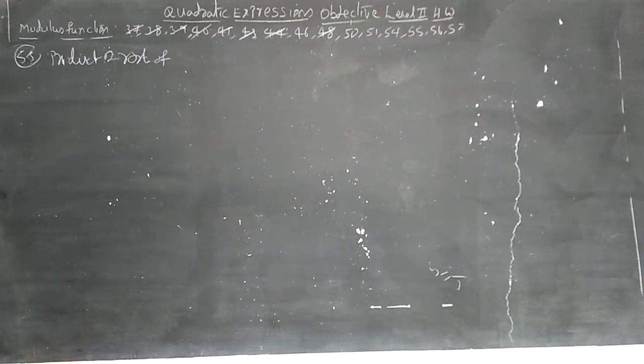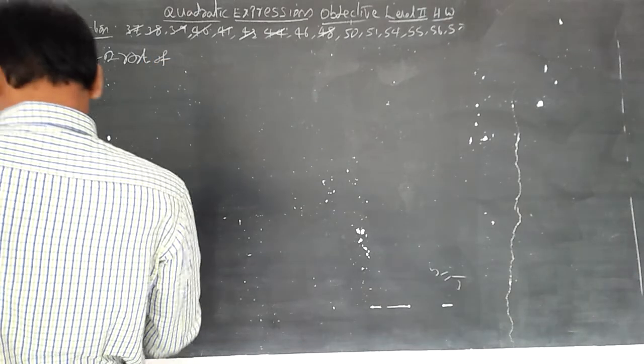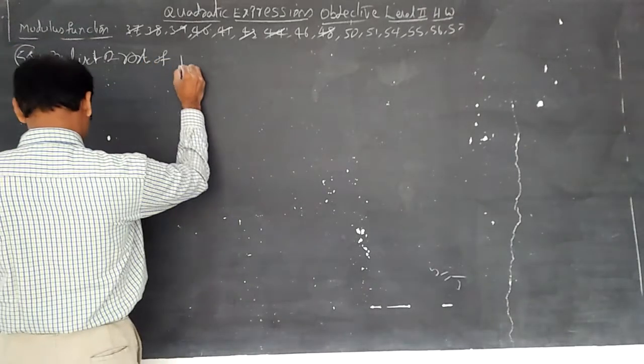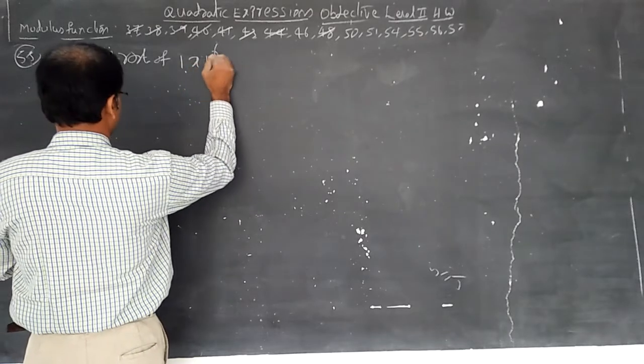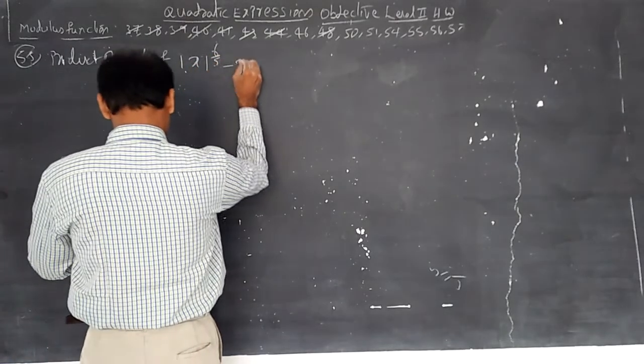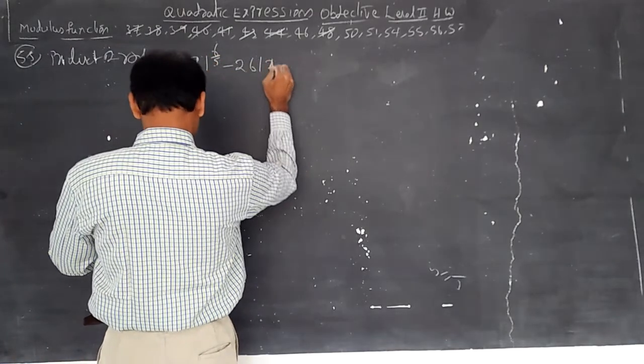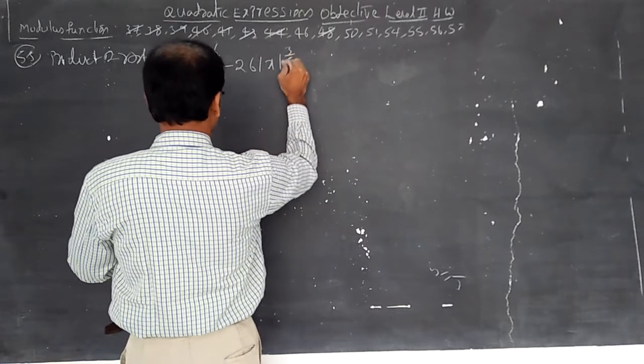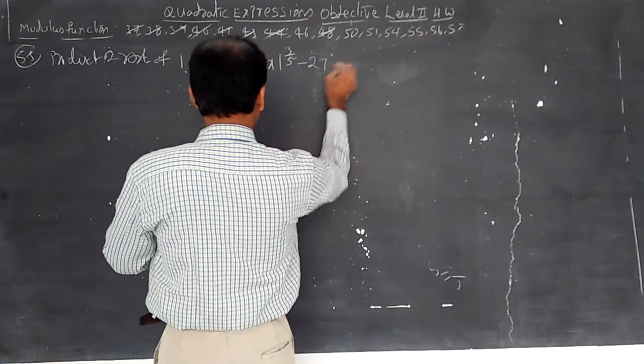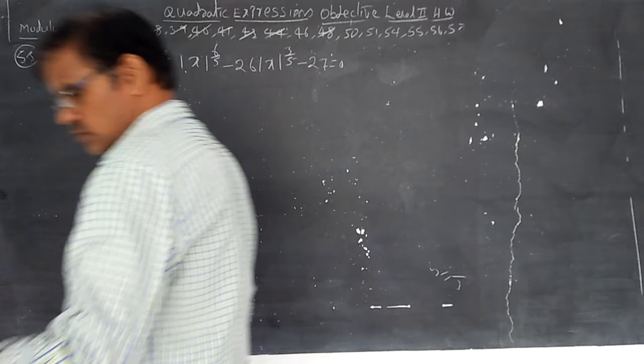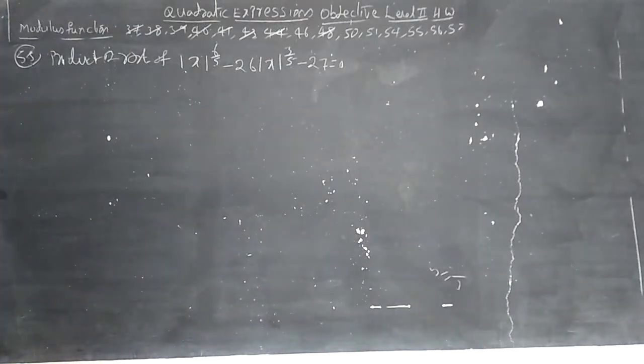Product of roots of the equation: modulus of x power 6 by 5 minus 26 modulus of x power 3 by 5 minus 27 equal to 0. So, modulus concept.